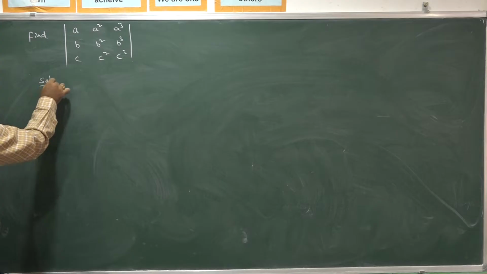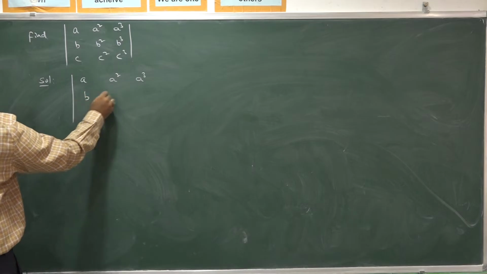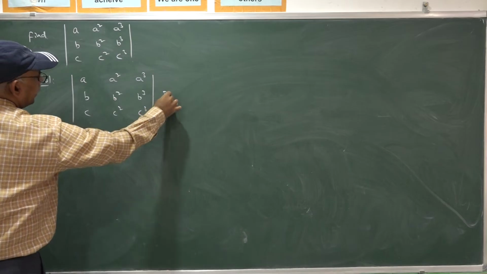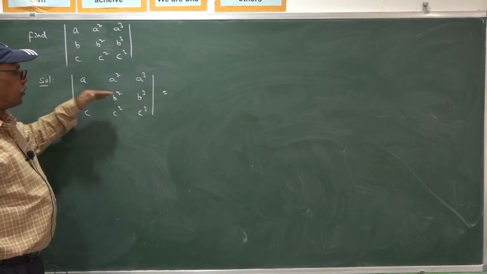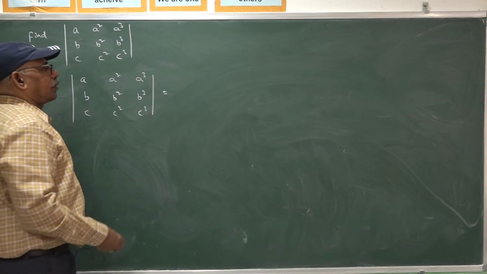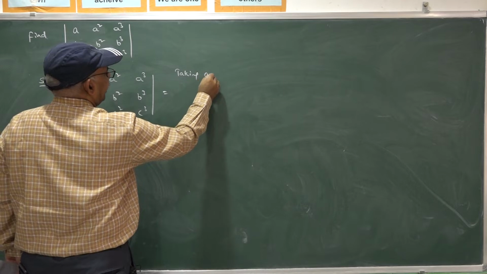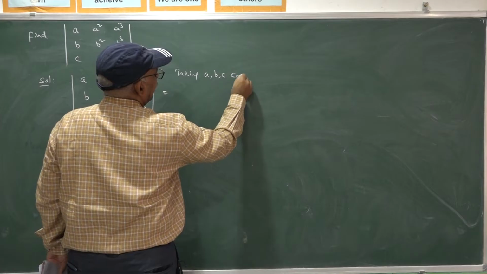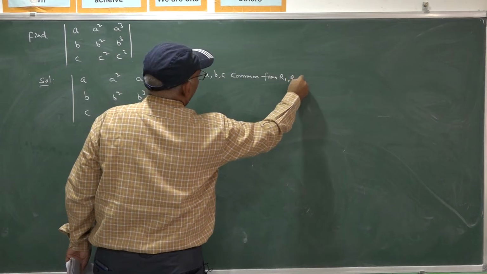Now to evaluate this determinant, consider the determinant here, with C square C cube. Clearly you can take A as common from the first row, B as common from the second row, C as common from the third row. So taking A, B, C common from R1, R2, R3 respectively.